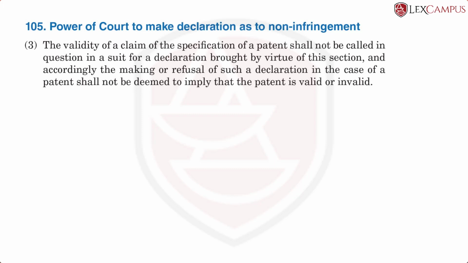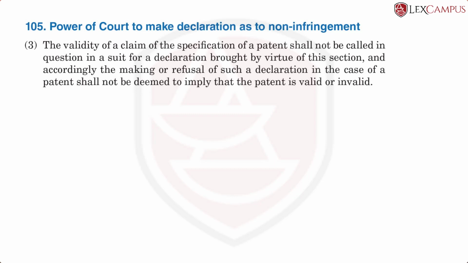What this means, when you are seeking a declaration on non-infringement, you are not touching upon the validity of the patent. Rather, you are going to interpret the claim of the patent and see whether the disclosed process or article falls within the scope of the claim. That is it.